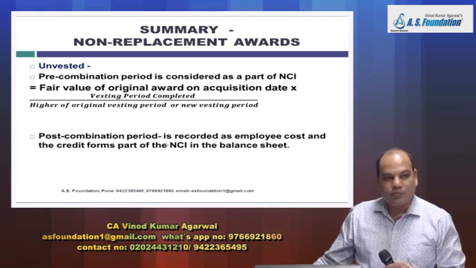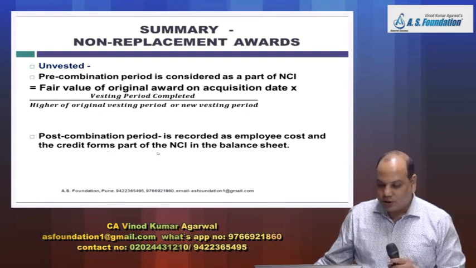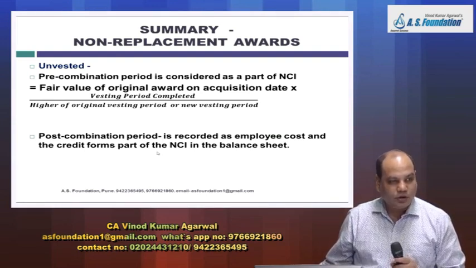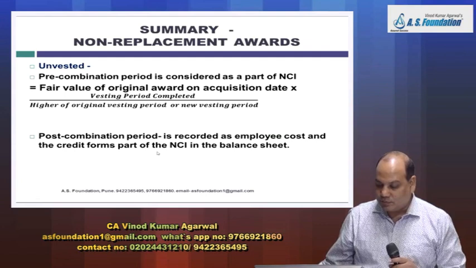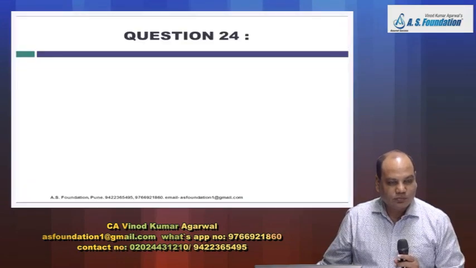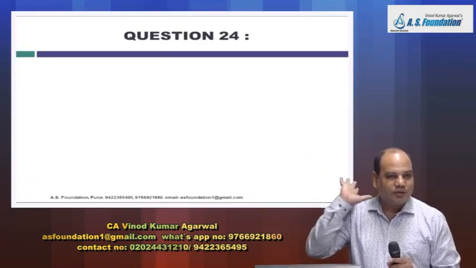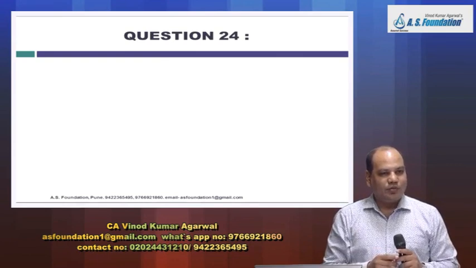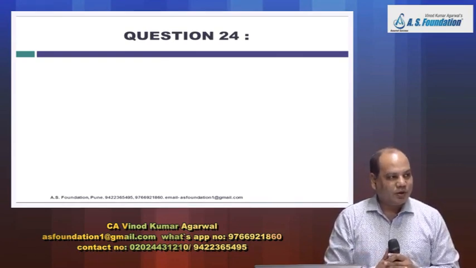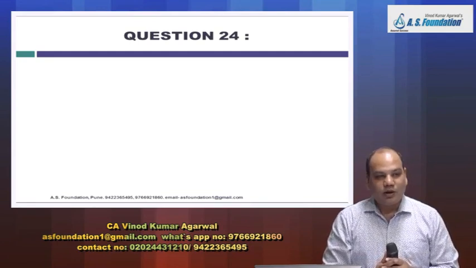Post combination period is recorded with one effect as employee cost, and second effect it will be added to NCI instead of share based payment reserve as a part of NCI, because NCI will also appear in the balance sheet under the head equity. Share based payment reserve also appears as equity, so it will be added in NCI.